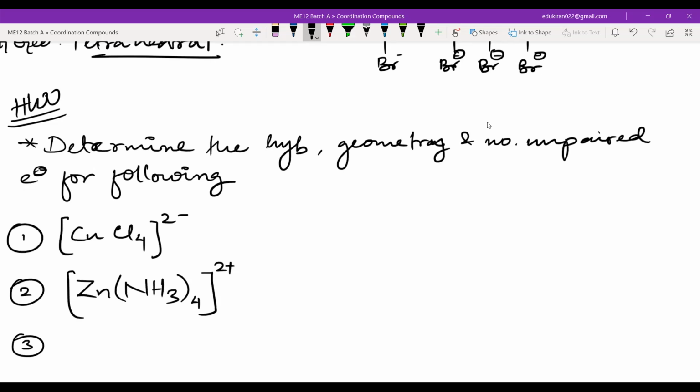For the third one, you can write Pt(CN)4. Okay, 3 examples. You have to do these 3.